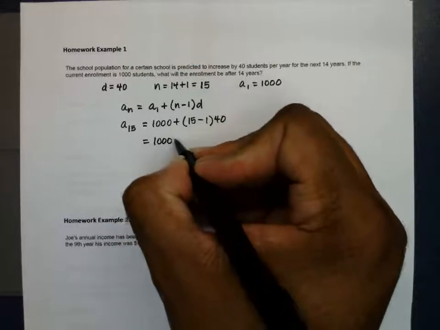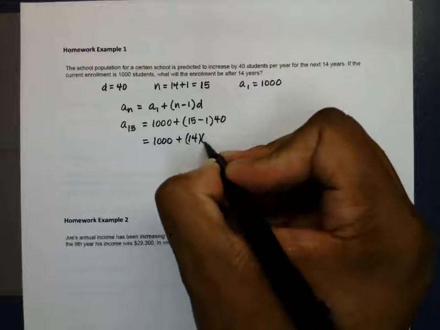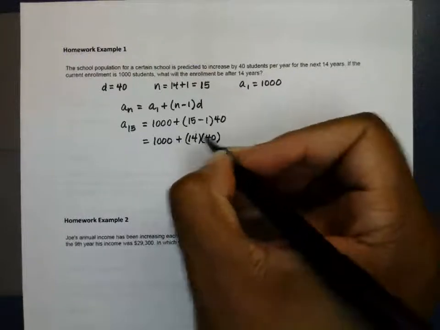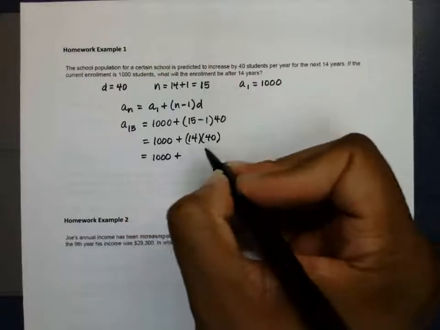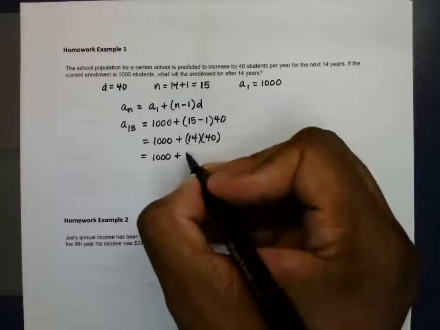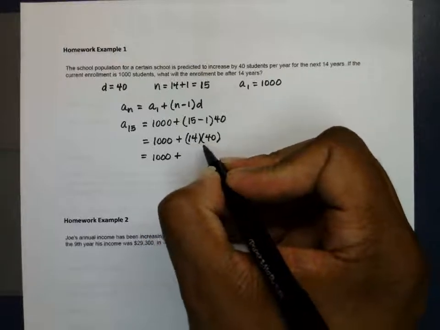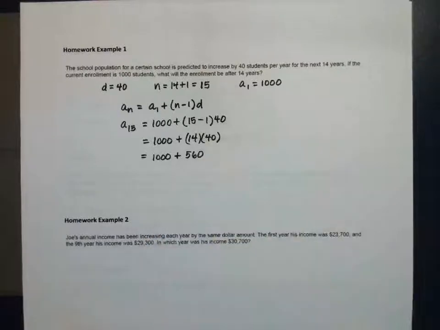So we have 1,000 plus 14 times 40. Well, 14 times 40 will be 560, because I know 14 times 4 is 56. So 14 times 40 will be 560. And then if you add 1,000 to the 560, you'll get, in this case, 1,560.